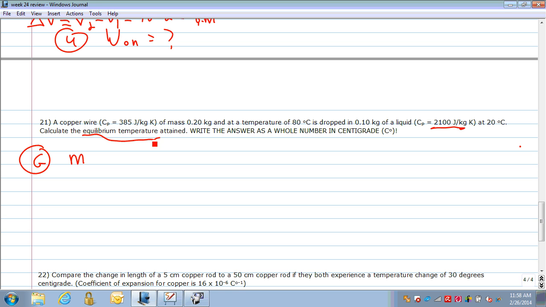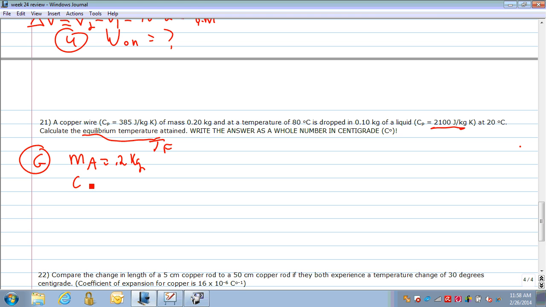Equilibrium temperature is where it is the same temperature. And what else is it? In this problem, what is another name for it? The final temperature. Right? Remember that? Okay. So, I'm going to call copper our mass A. And mass A is equal to 0.2 kilograms.